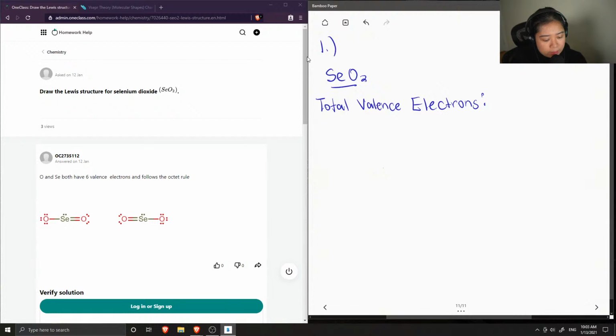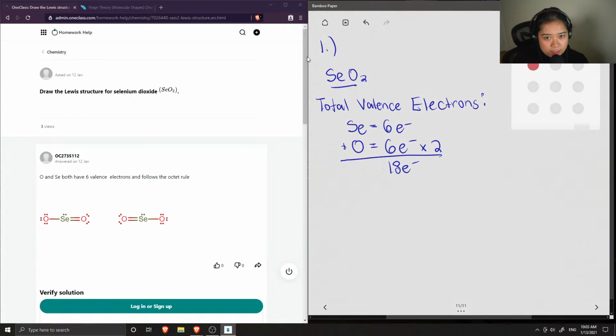Selenium has 6 valence electrons, and oxygen also contains 6. There are 2 oxygen atoms, so we multiply this by 2, giving us a total of 18 valence electrons.